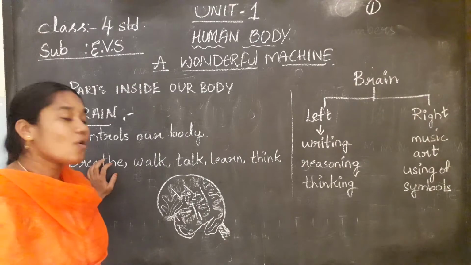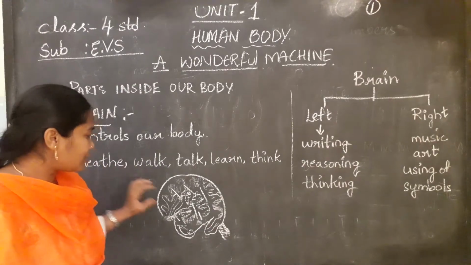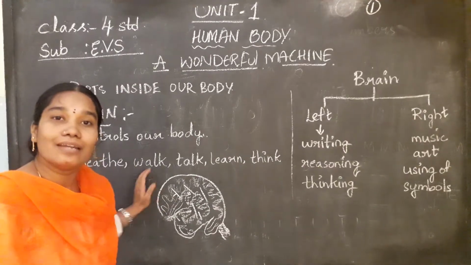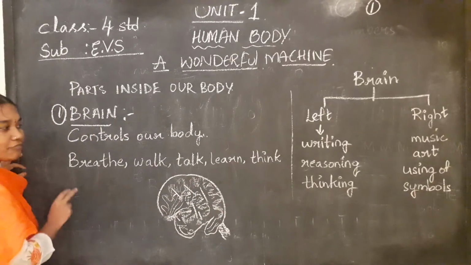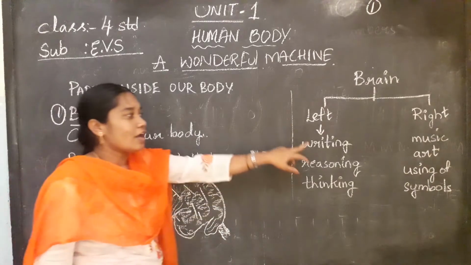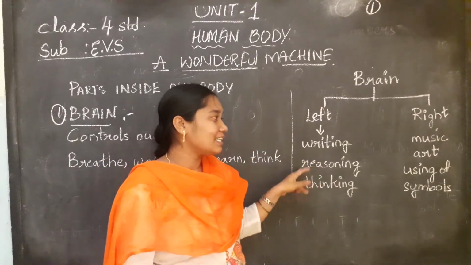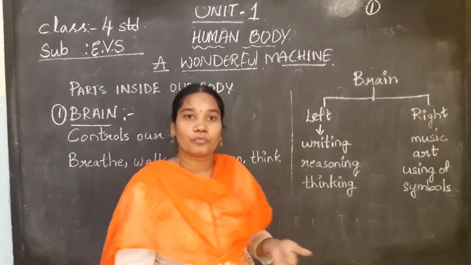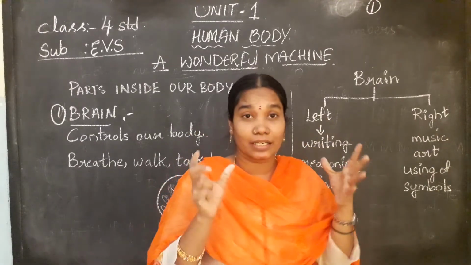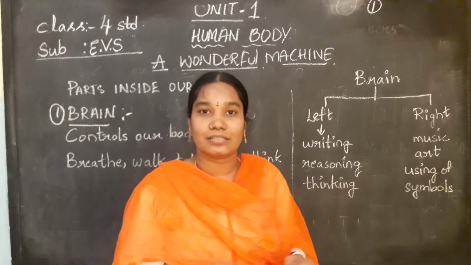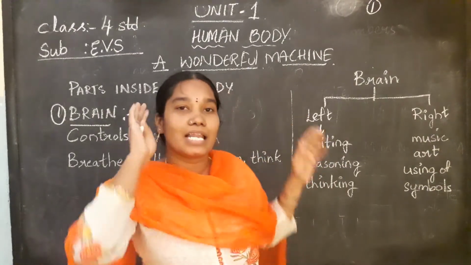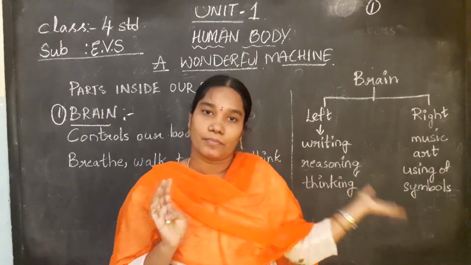Let us see what activities are done by the left brain and right brain. See the board, left brain. The left brain will control writing, reasoning and thinking. If you want to write, think, or use reasoning to answer questions, all of that will be performed by the left side of the brain.